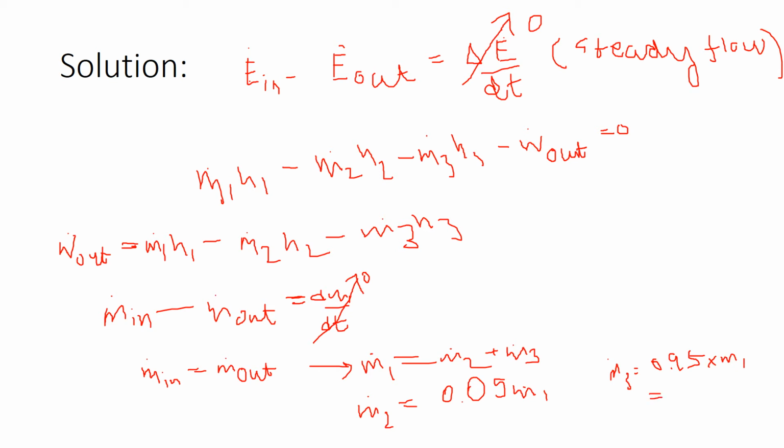So this is going to give you 1.9 kilogram per second, and this is going to give you 0.1 kilogram per second. Now you have m dot 1, m dot 2 and m dot 3. Now what are the unknowns? H1, H2 and H3 are unknown, so we need to find those.